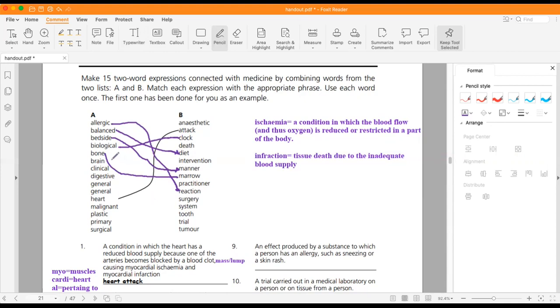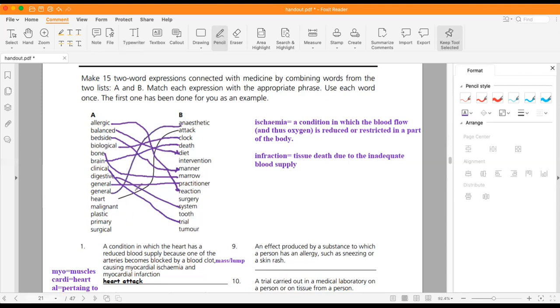And we say brain death. And then we say clinical trial. Digestive system, this is an easy one. General practitioner. And we also say general anesthetic.